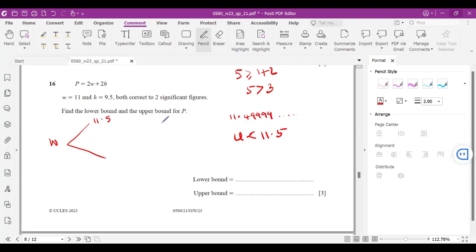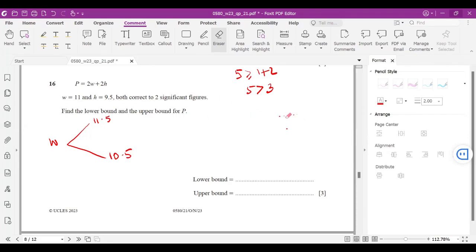So at infinity, it's approximately 11.5. So we have 11.5 here, and for the lower bound, we subtract 0.5, it gives us 10.5. Of course, this is the smallest number that can round up to 11 when we approximate to 2 SF. Okay, so we have that covered.